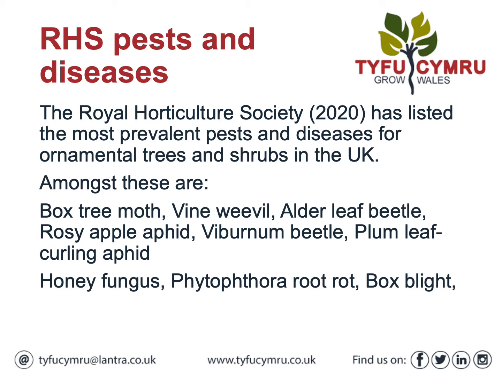And these are box tree moth, the vine weevil, which we've seen the symptoms of, the alder leaf beetle, rosy apple aphid, viburnum beetle, plum leaf curling aphid, and fungi that are showing high prevalence: the honey fungus, Phytophthora root rots, and box blight.